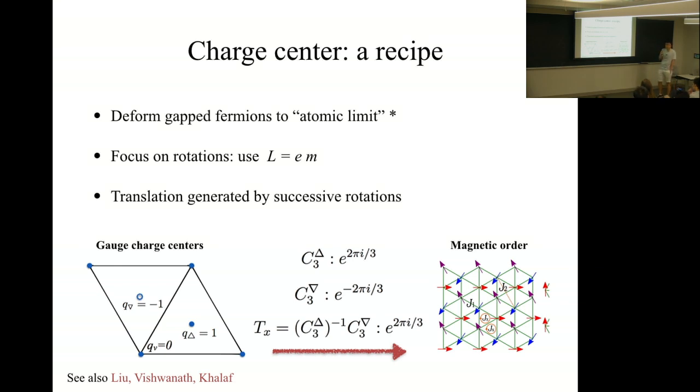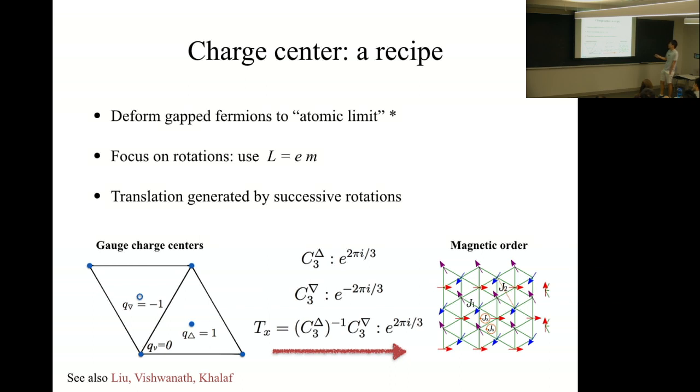So if I want to figure out the C3 property of the monopole around an upward triangle center, it sees a charge of 1. What happens is that if I go for a full circle, the monopole is a 2 pi flux. So if I take the 2 pi flux around a full circle, I pick up a full 2 pi flux. So that means every rotation comes with a 2 pi over 3 phase.